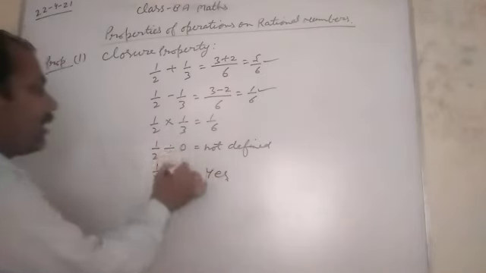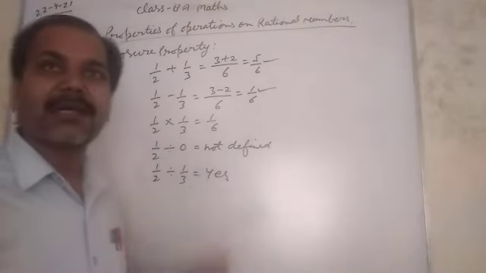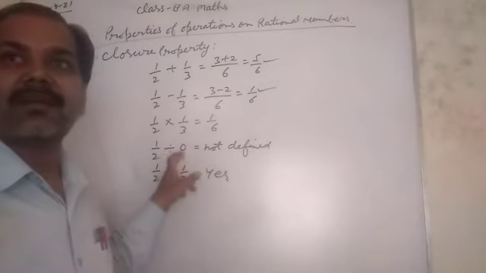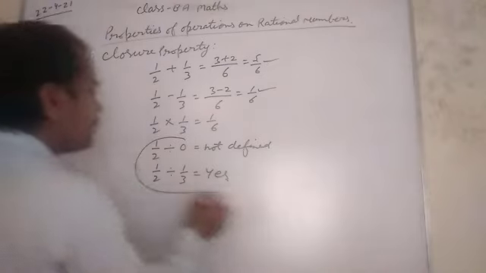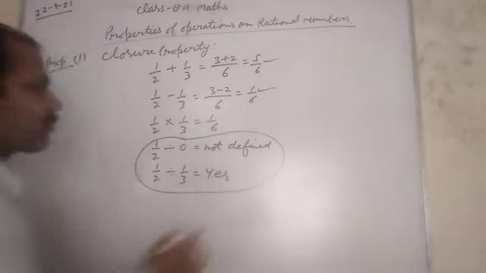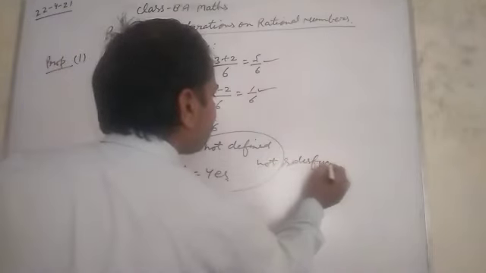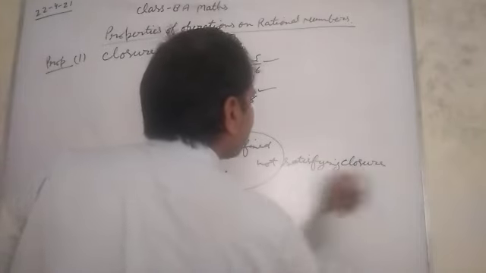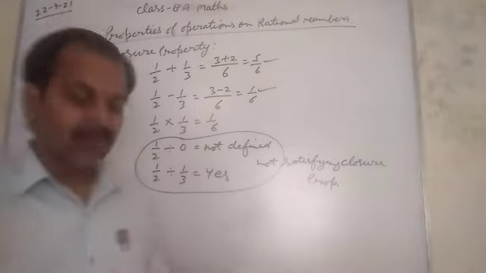But a rule must be satisfied for all numbers, and division is not satisfied for 0. That's why division does not satisfy the closure property. The remaining, addition, subtraction and multiplication, satisfy the closure property.